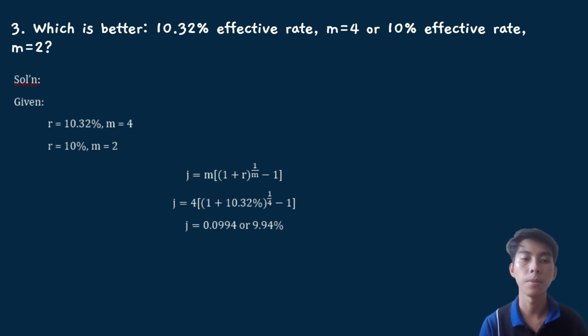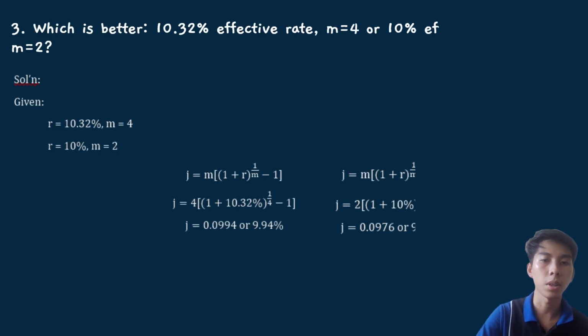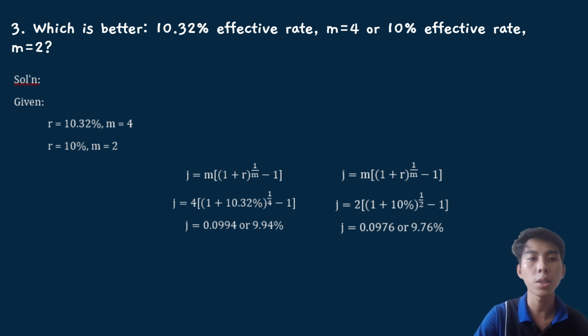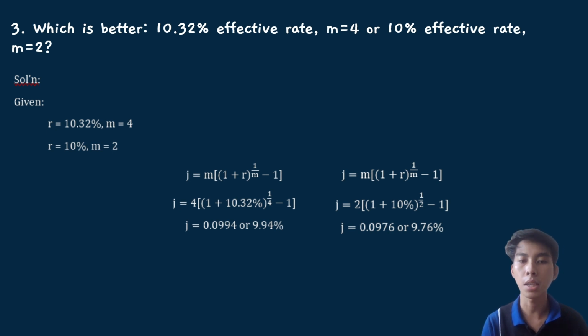That gives us a result of 0.0994, or converted to percent, 9.94%. So we need to solve for the next one to identify which one is better. J equals M, which is 2, times the quantity of 1 plus R, which is 10%, raised to 1 over 2, minus 1, which gives us the result of 0.0976, or 9.76%.